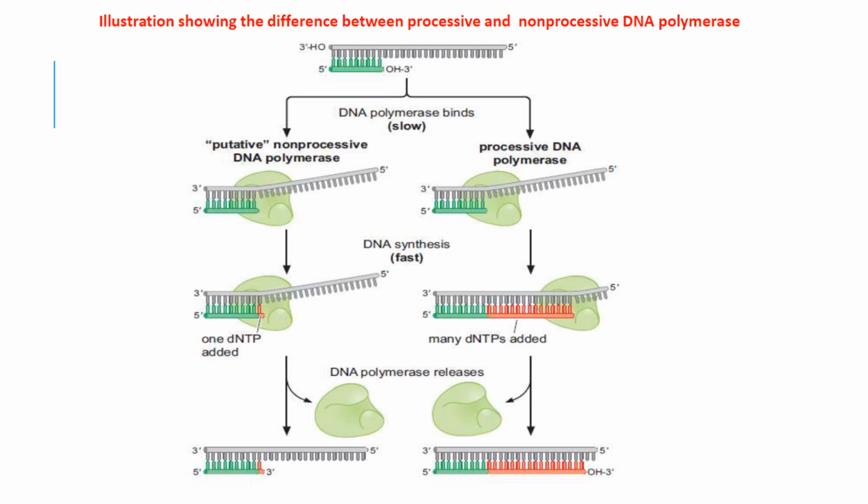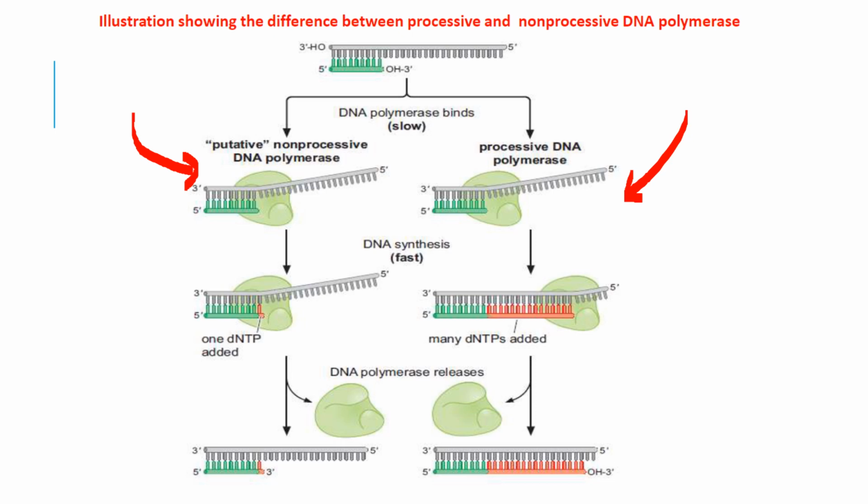The actual DNA polymerases responsible for polymerization of the DNA strand are the processive polymerases. So what is the difference between non-processive and processive DNA polymerase? In this diagram, this side shows the non-processive nature of DNA polymerase, and this side shows the processive nature.